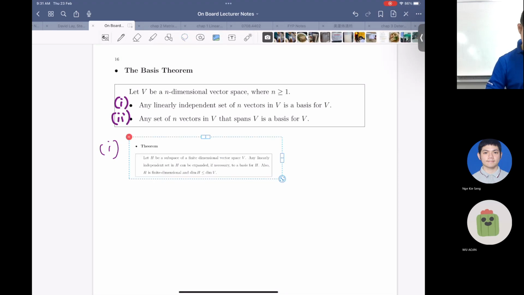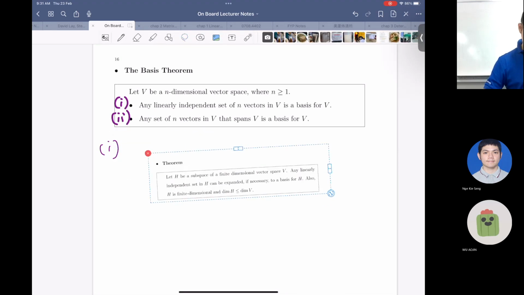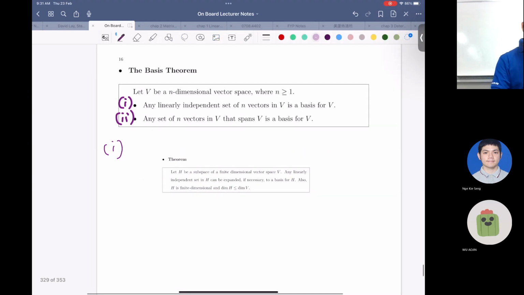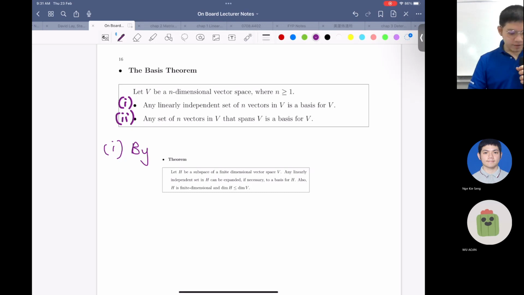Let's start with any linearly independent set of n vectors. The theorem says that any linearly independent set H can be expanded to a basis of H.